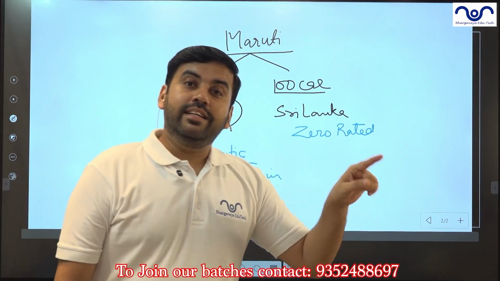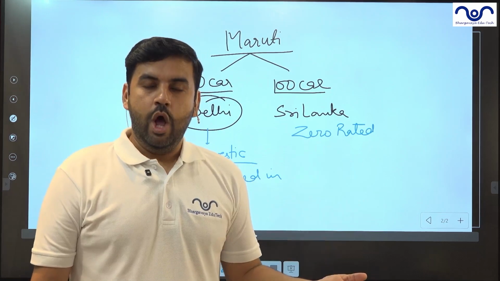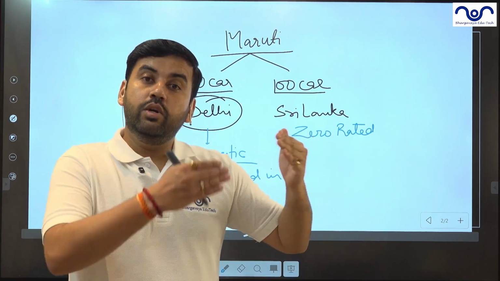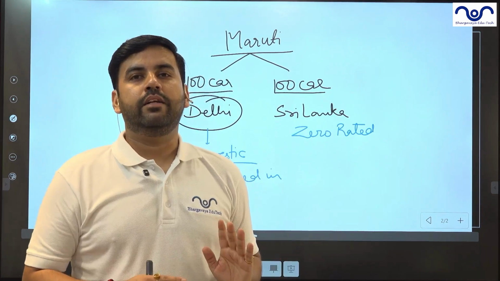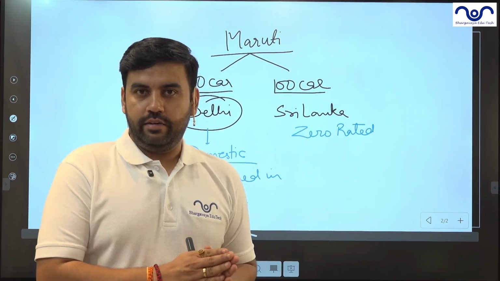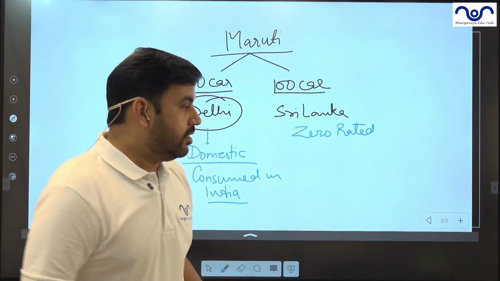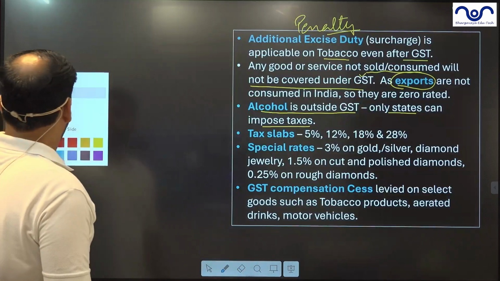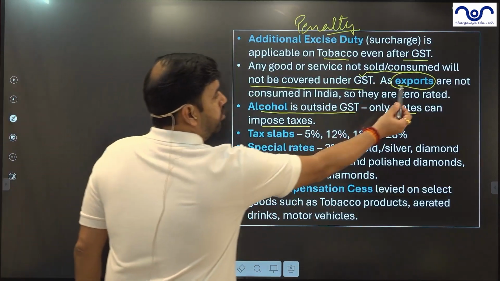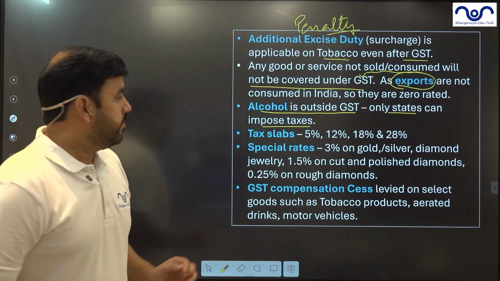So their net payable taxes will be zero. So whatever taxes that they have included in the input will be given back to them by the government. They will be collected at first, but they will be given back. So that's good news, right? So exports are zero rated. This is the meaning of zero rated exports.